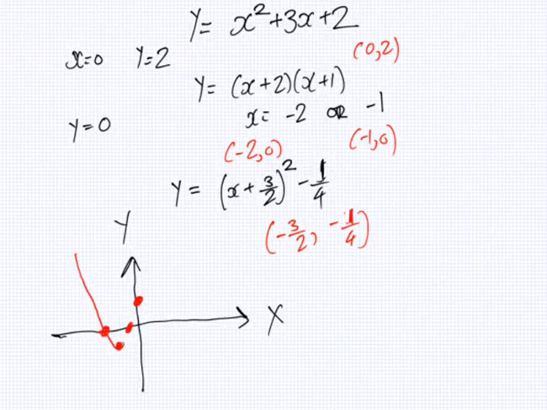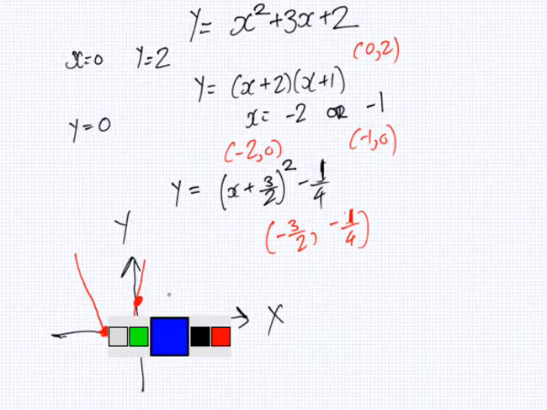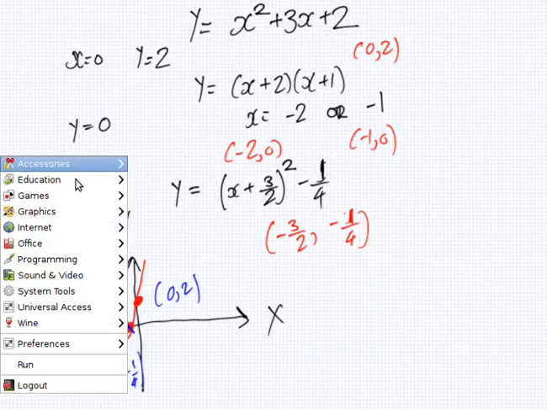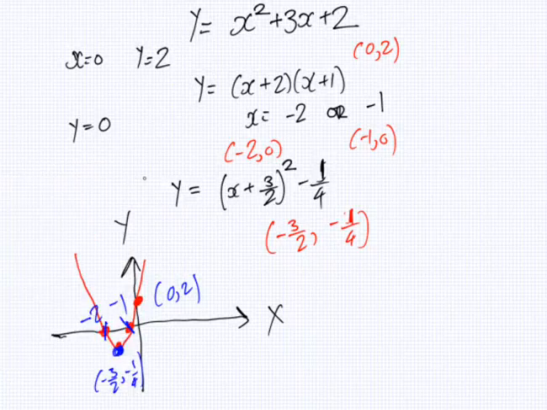Now you can actually see that this has no roots. The part I'm going to write in red, you don't need to write that down. Watch what happens if I try to find when y equals 0. I get this, which gives me this.